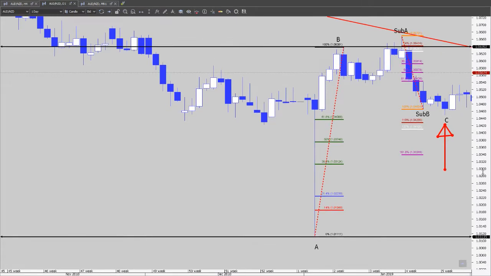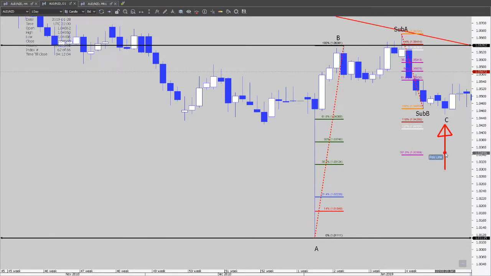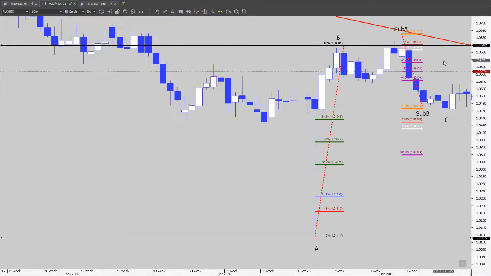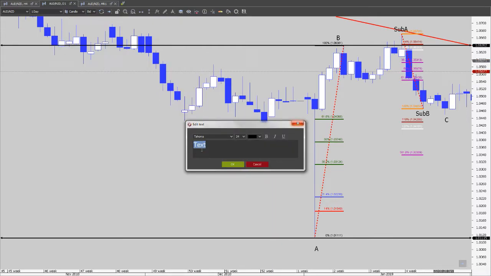Okay, now if you would trade the retracement, if you would trade the Contrarian Fibonacci, what are you looking for? Well, you are looking for the sub C level, right?